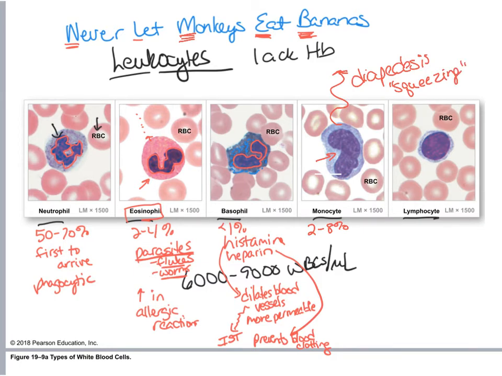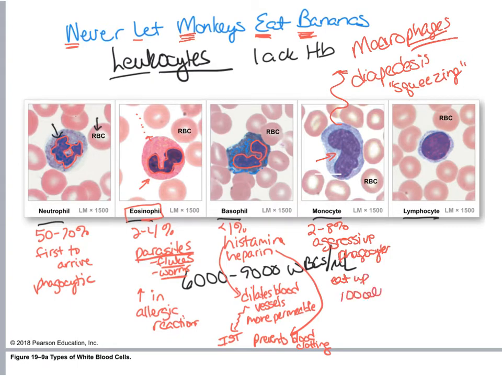And now they're out into the tissues. Once they're out into the tissues, we stop calling them monocytes and we start calling them macrophages. These macrophages are phagocytic cells, and they're going to try to engulf things that don't look quite right. They're very, very aggressive phagocytes, and they are going to eat up to about 100 cells that don't look right.